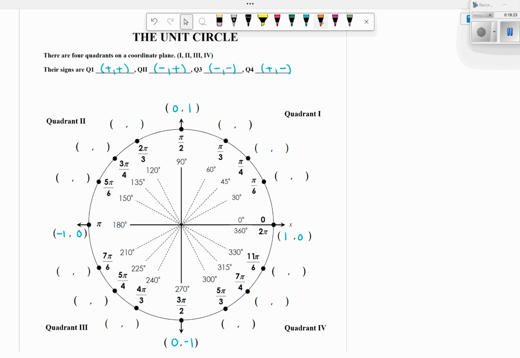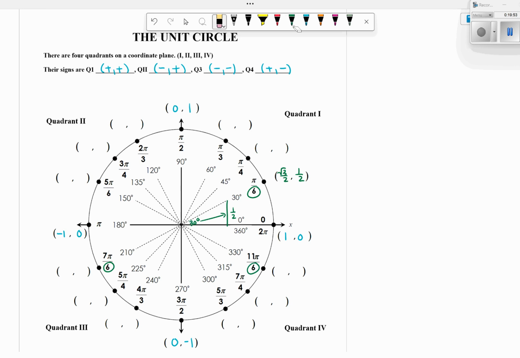So then if we start with the next one at 30 degrees, and if you forget, you could always draw your 30-degree triangles. Remember, across from 30 is always the 1/2. So that means this x-coordinate to get to here is going to be root 3 over 2, and the y-coordinate is 1/2. And so all of those pi over 6 angles are using 30 degrees as our reference angle.